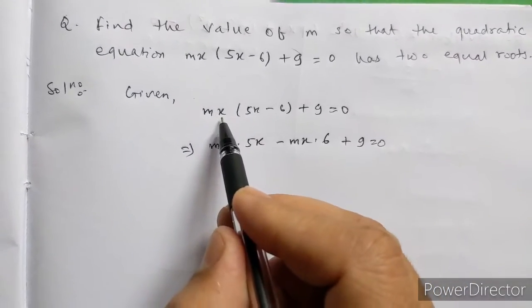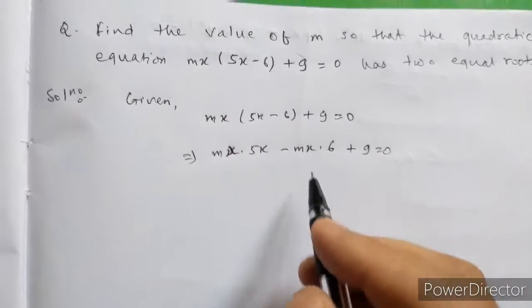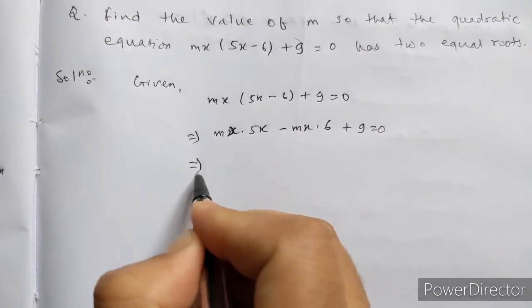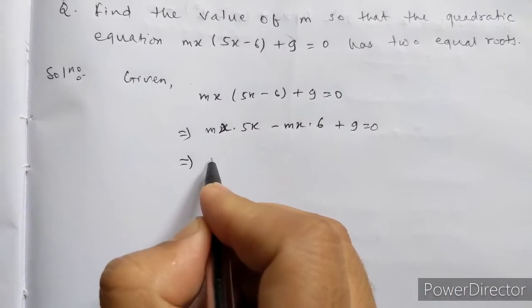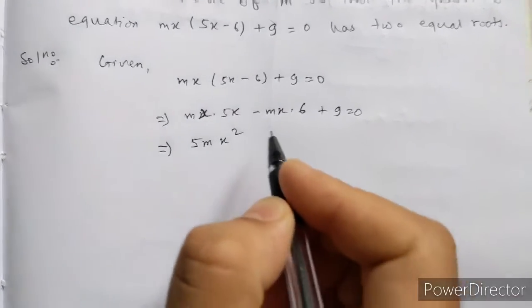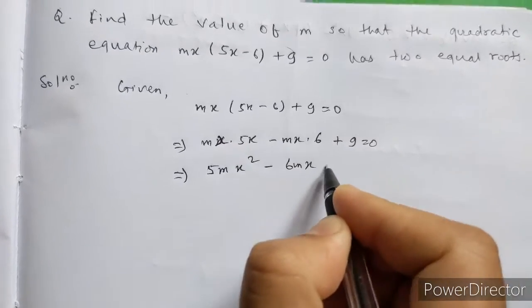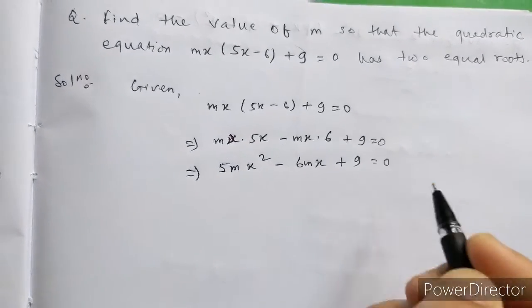This mx will multiply both 5x and 6. So I am simplifying this, and this will be 5mx square minus 6mx plus 9 is equal to 0.